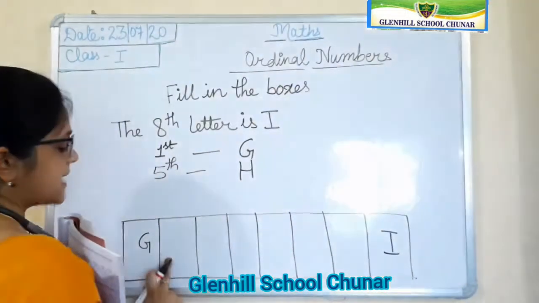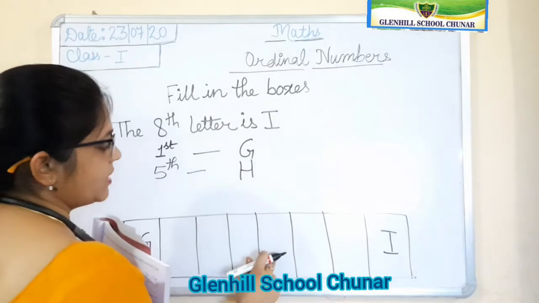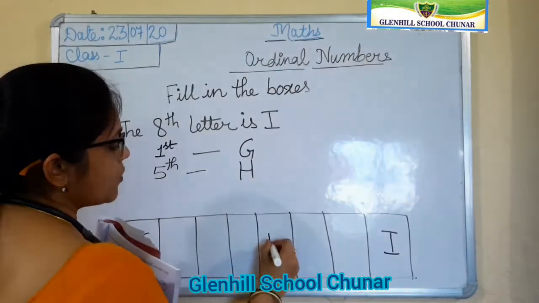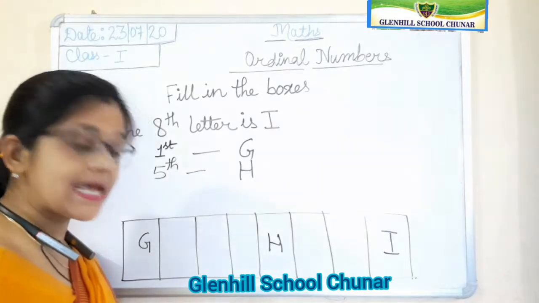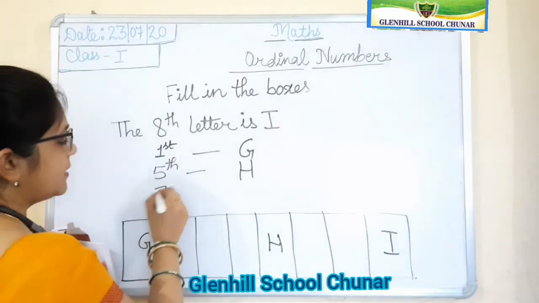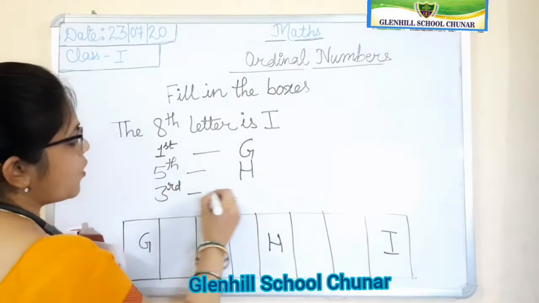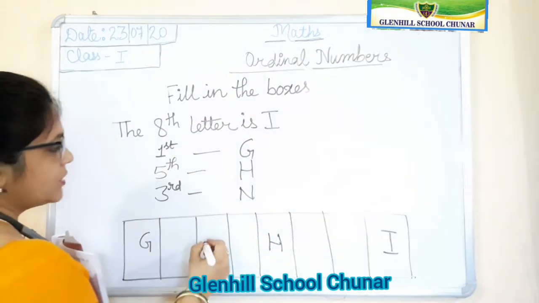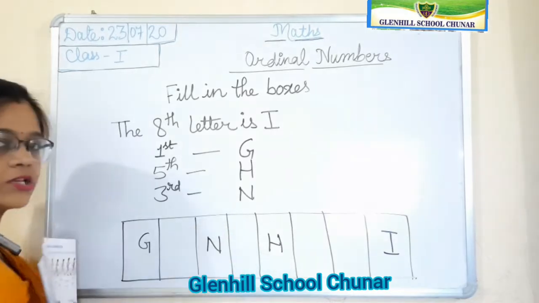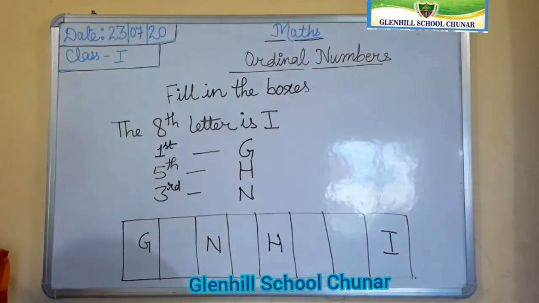First, second, third, fourth, fifth. The fifth letter is this one and it is H. Again, the third letter is N. What is the third letter? N. So first, second, third. So third is N. Okay students? Got it?